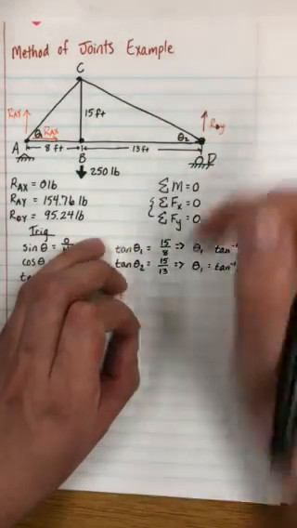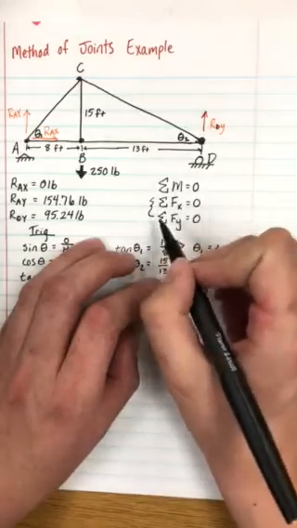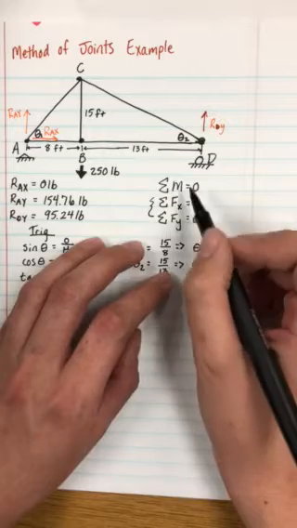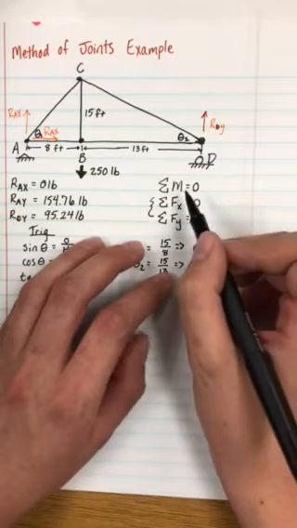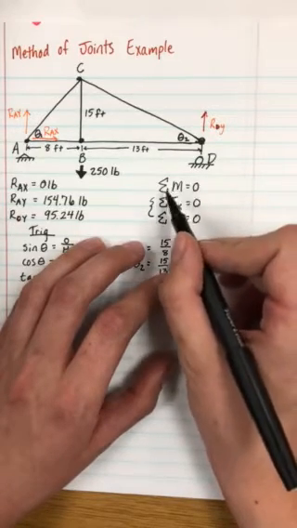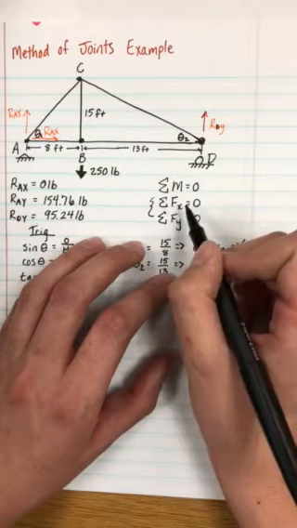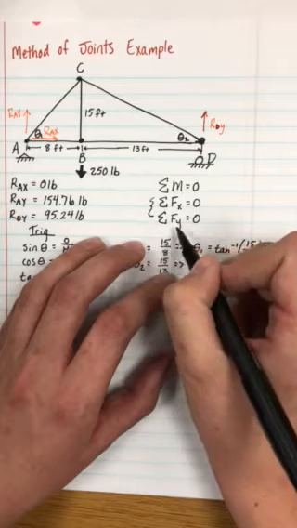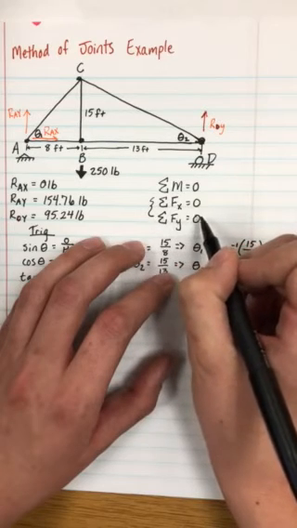So what we're going to first discuss are the equilibrium equations. These are going to be a huge component in our method of joints problems. So we first have the sum of the moments being equal to 0, the sum of the forces in the X direction being equal to 0, and the sum of the forces in the Y direction being equal to 0.